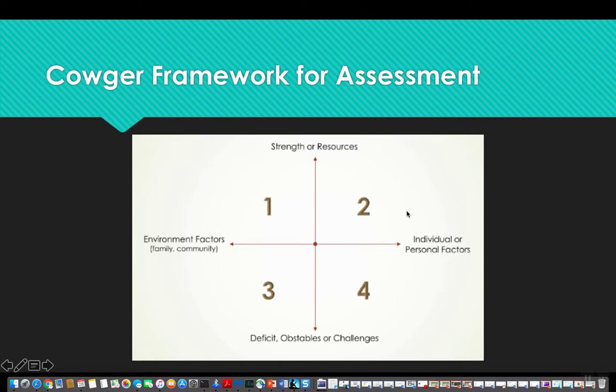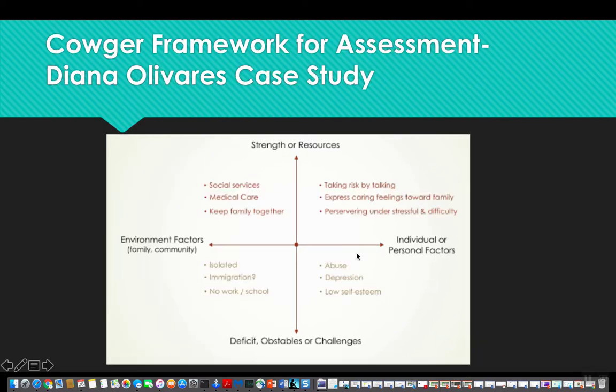In quadrant three, we should explore what is there in the community or family that is not conducive to the well-being of the client. And finally, in quadrant four, we should explore what individual factors contribute to the problem of the client, such as any biopsychological traits or factors that may affect the client or their well-being negatively.